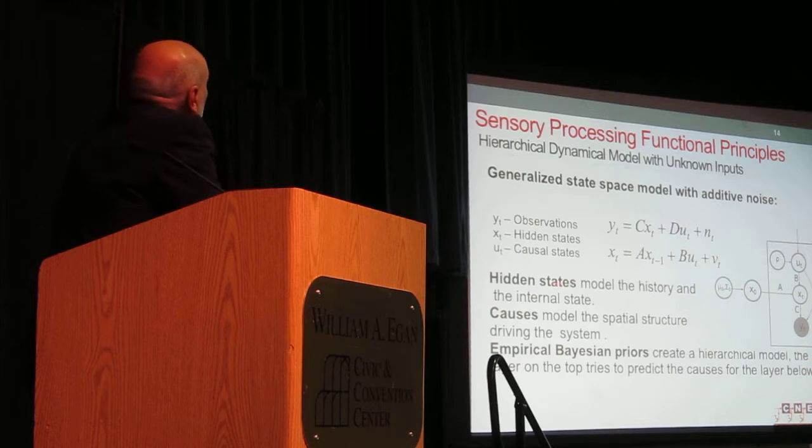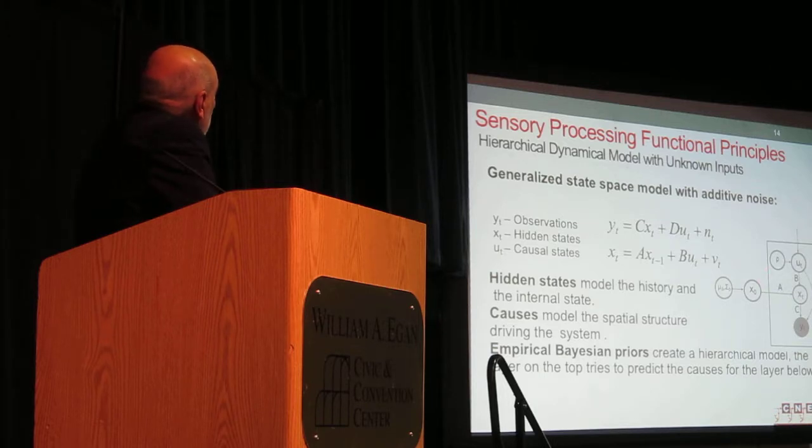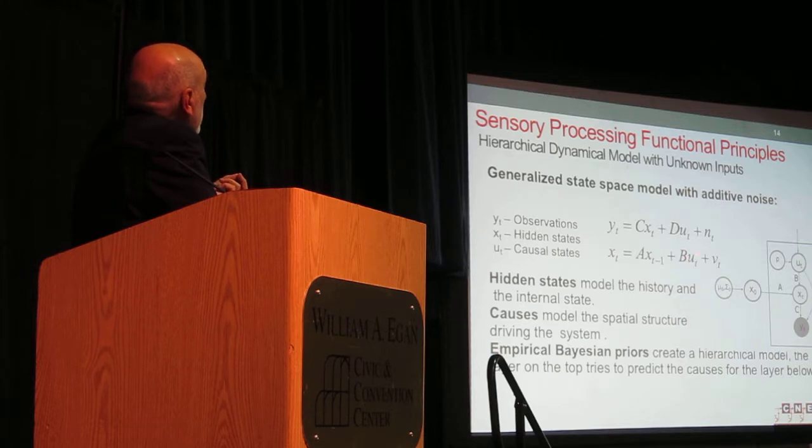This is called the observation equation. The state update equation is given by the information from the past. The system has memory of the last step: you multiply the previous value x of t minus 1 with this matrix A, and add a term with matrix B that multiplies the cause.